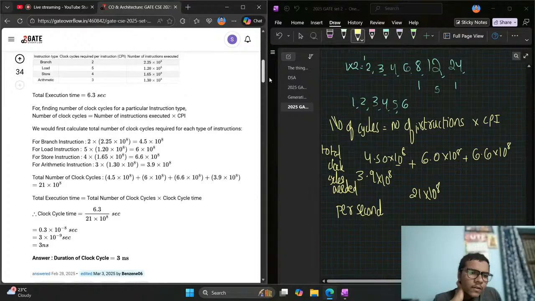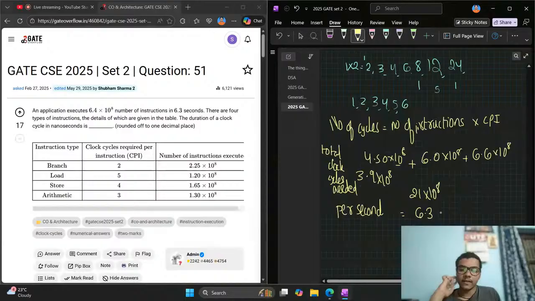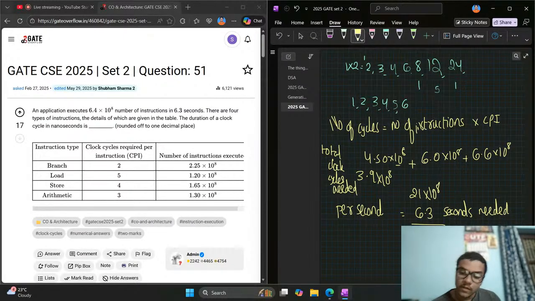Okay, these are the total number of instructions, and this is the number of clocks. 6.3 seconds are needed to execute 21 into 10 power 8 number of instructions. That makes sense.